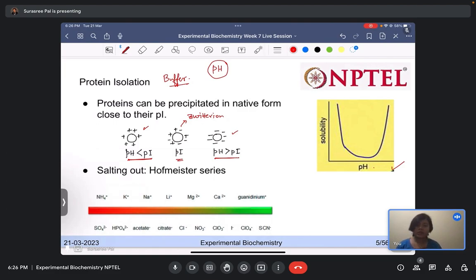Now in case of salting out, what happens? Suppose this is our protein molecule. Our protein molecules are covered by water molecules.